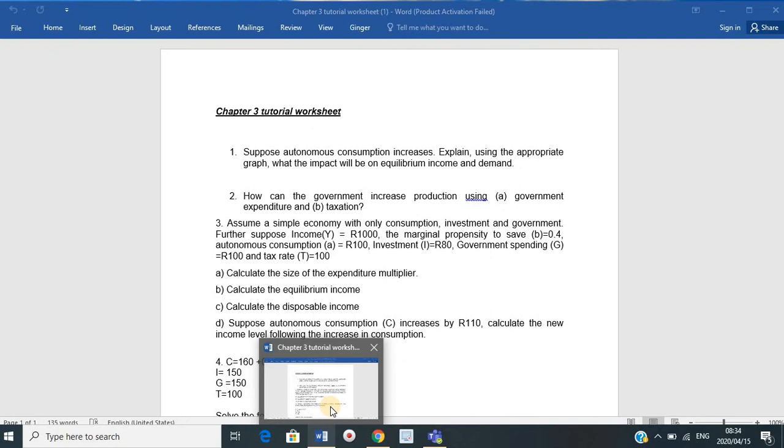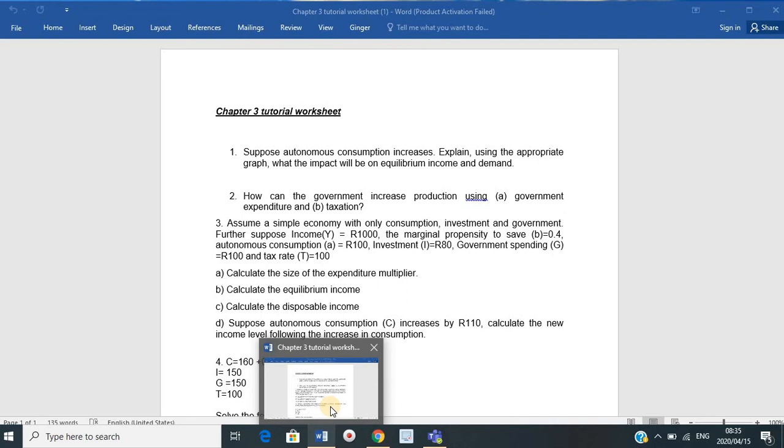And thus the relationship between demand and income is drawn with one of those variables, whereby we will have income or production, and we will have spending or autonomous spending.